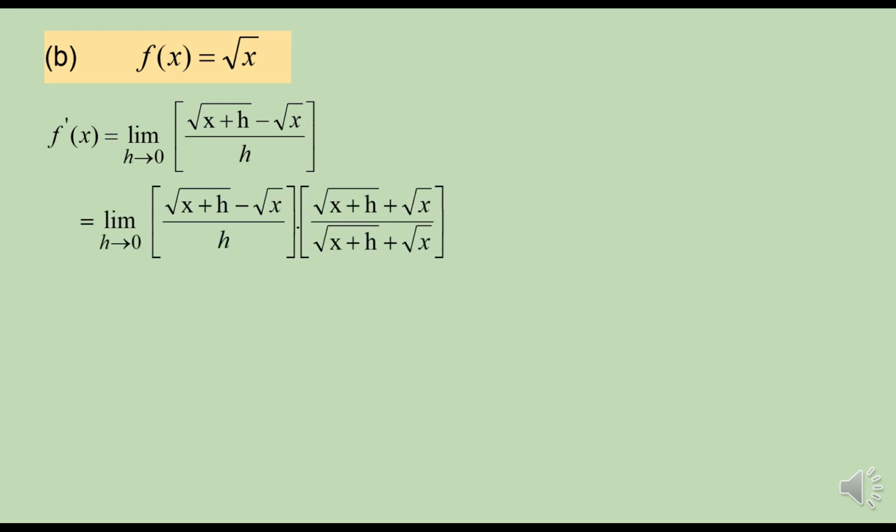Let's continue with B. Given f(x) equals square root of x, what is f'(x) by using first principle? f'(x) is given by the limit when h approaches 0 of [square root of (x plus h) minus square root of x] over h.